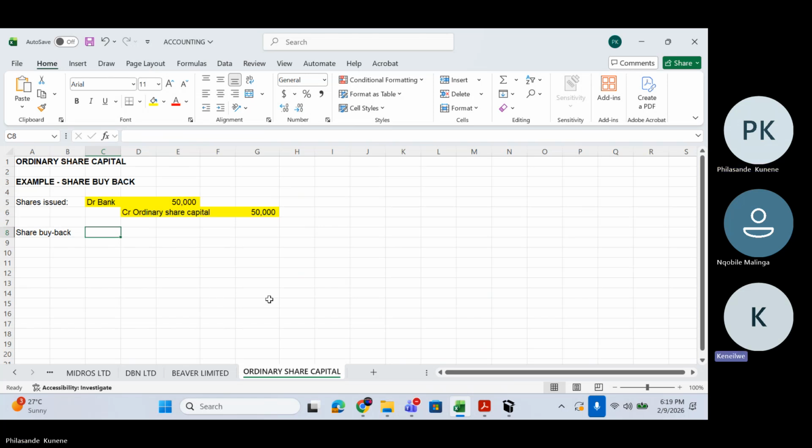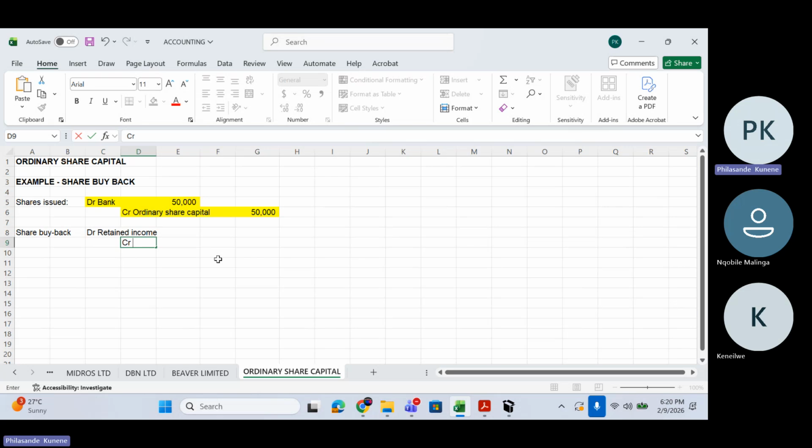Do you credit retained income and debit ordinary share capital? Why are you saying that? Because for retained income, you have to take money from it, so it'll reduce. For retained income, it will reduce because you have to use the money to finance the shares.